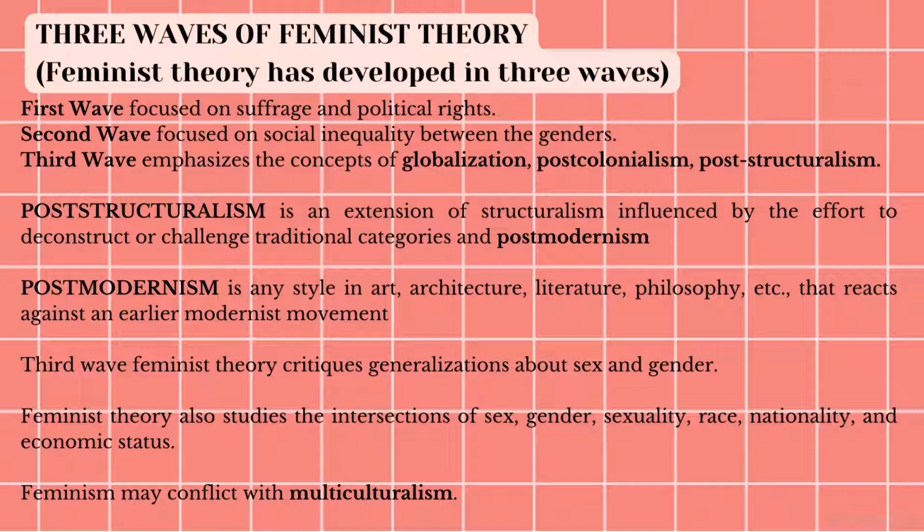Postmodernism is any style in art, architecture, literature, philosophy, etc. that reacts against an early modernist movement. Third wave feminist theory critiques generalization about sex and gender. Feminist theory also studies the intersection of sex, gender, sexuality, race, nationality, and economic status.